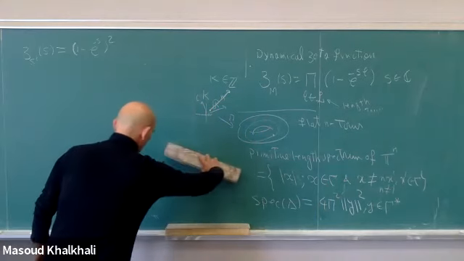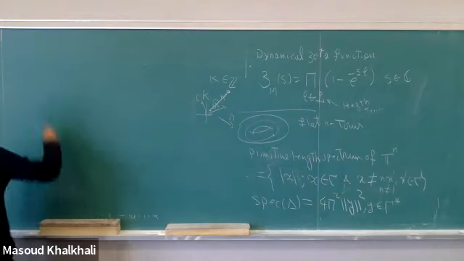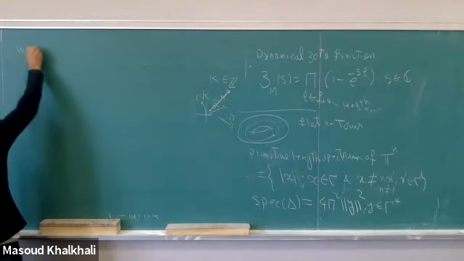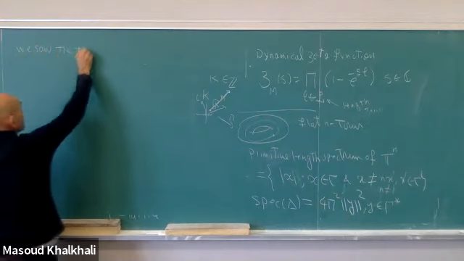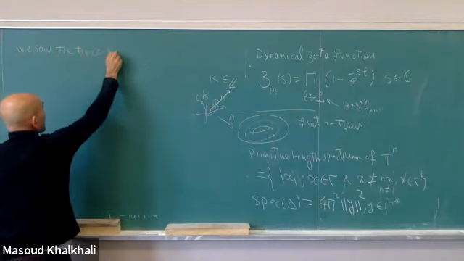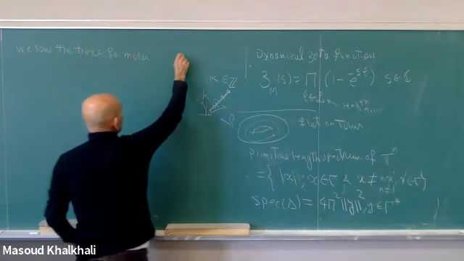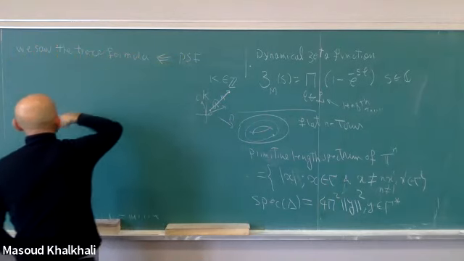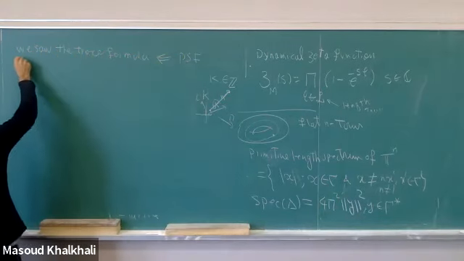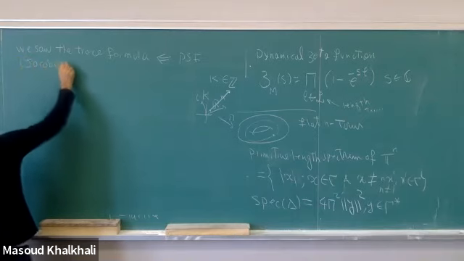So we saw the trace formula. This Poisson summation formula implied this trace formula, which is basically the Jacobi inversion formula.